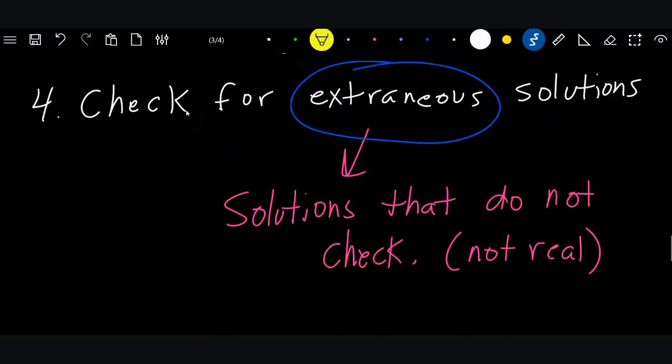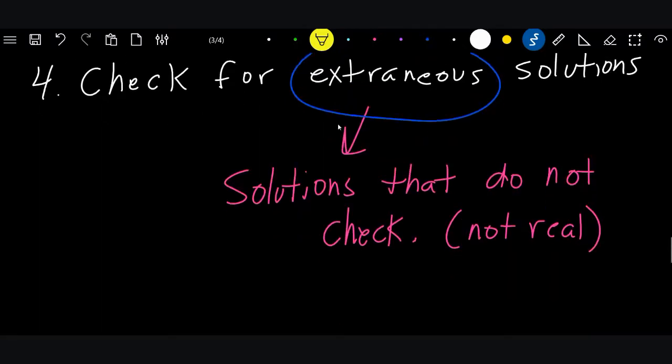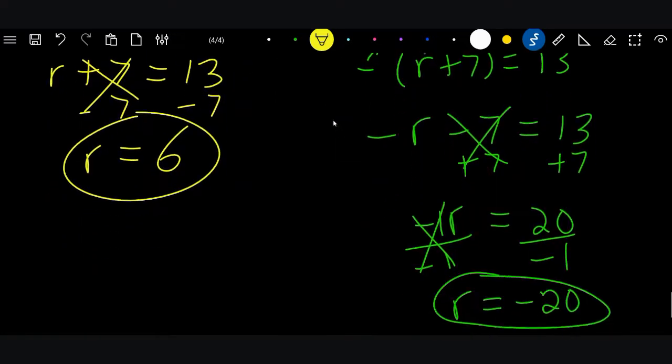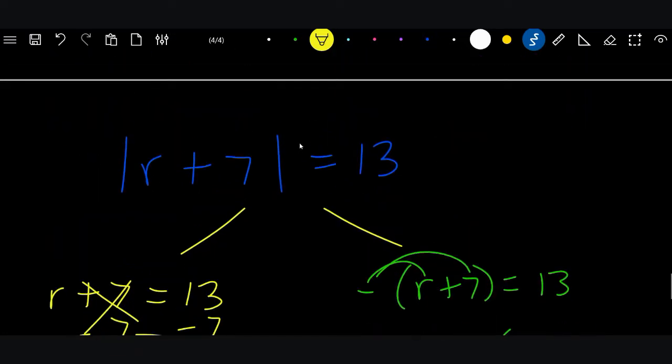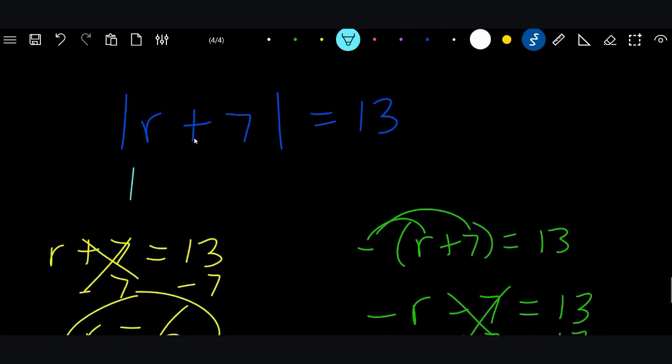And so step number 4 is check for extraneous solutions. Let's see if both of these work. The way that we would do that is we would take them each separately and put them back into the original problem. So we would say absolute value of, let's do the 6 first, the positive one first.